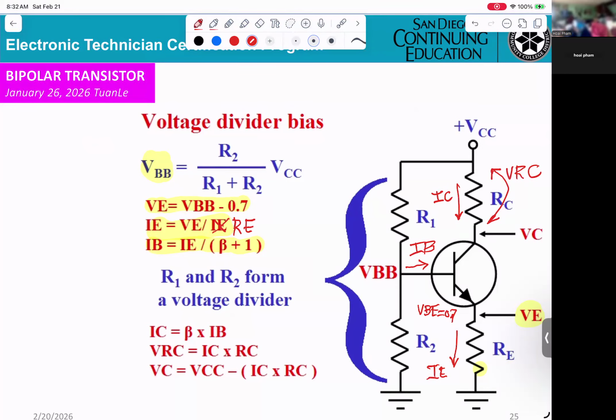Now if you want to get the VC, take VCC minus the voltage drop across RC. VC equals VCC minus IC RC.